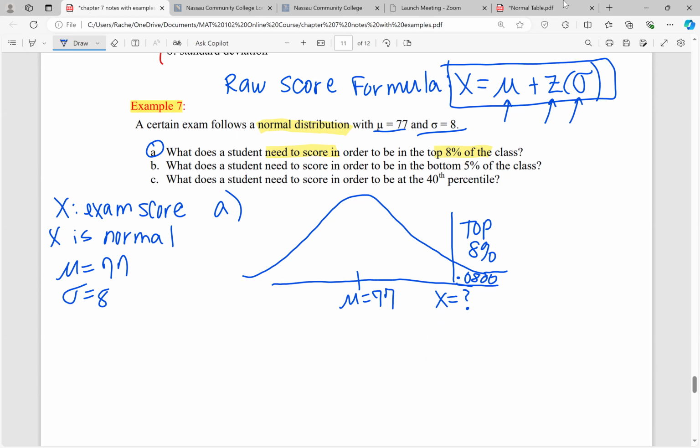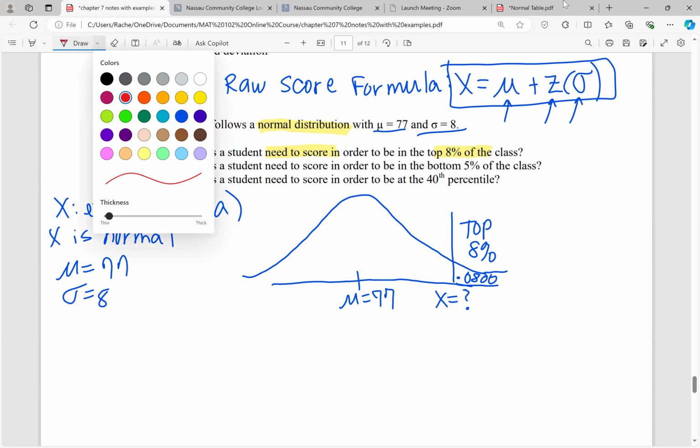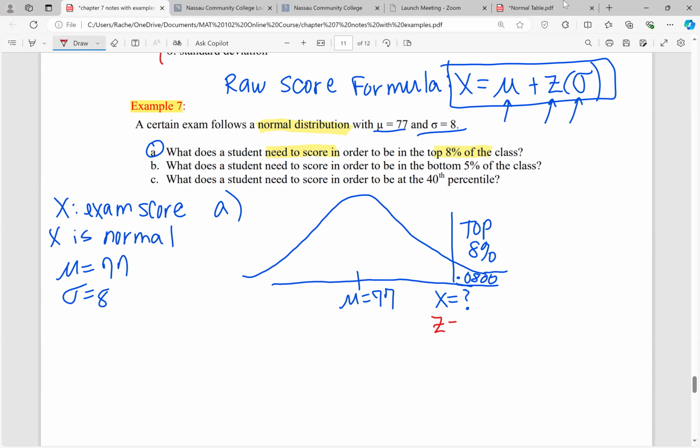So first, let's get the z-score. So what's the z-score that separates the top 8% from the bottom 92%? 100% minus 8% is going to be 92%, which is 0.92.